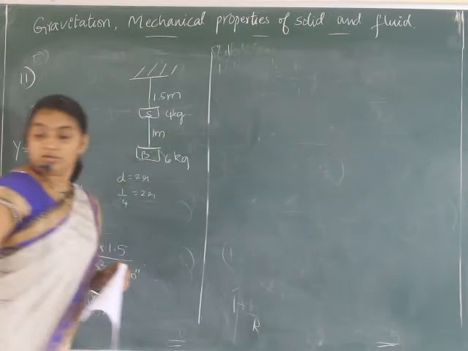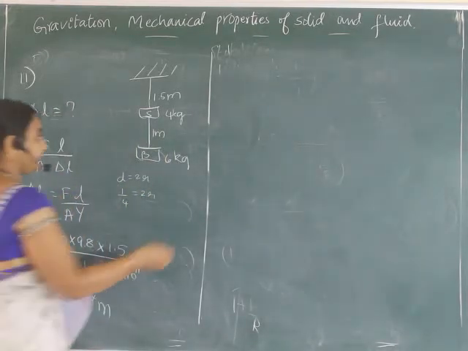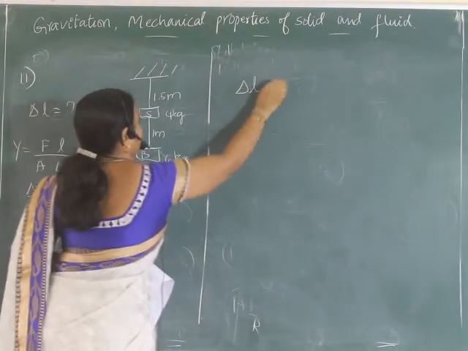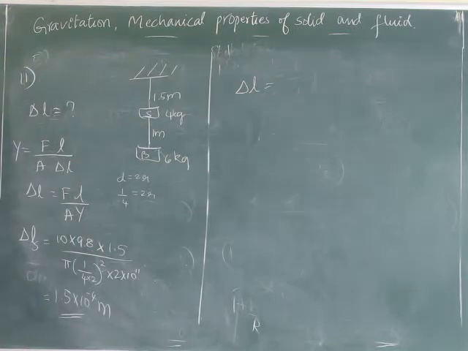Now for brass. What is delta L equal to? What is the force on the brass now? Force on the brass: 6 into 9.8.